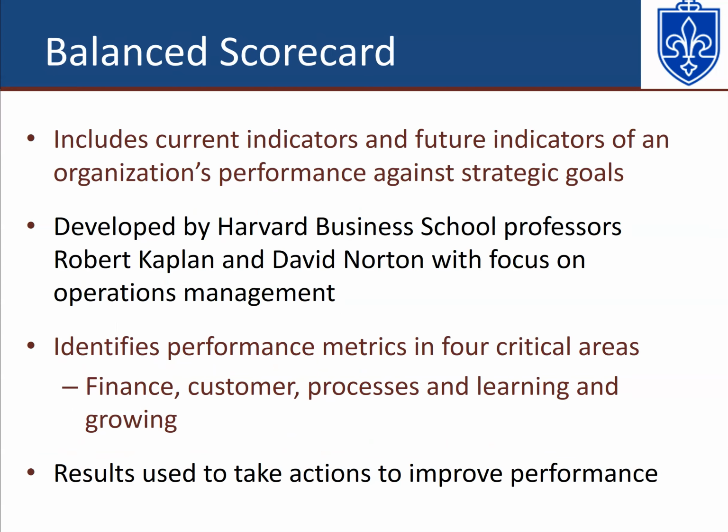In terms of measuring and tracking success, one approach is the balanced scorecard. It was developed years ago by professors Kaplan and Norton from the Harvard Business School. They identified performance metrics in 4 areas: finance, customer, processes, and learning and growing.